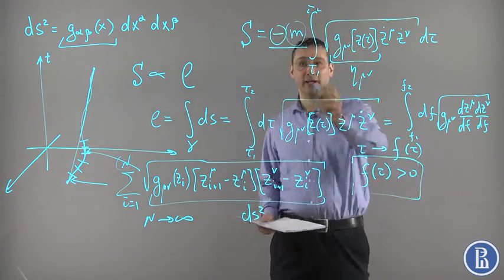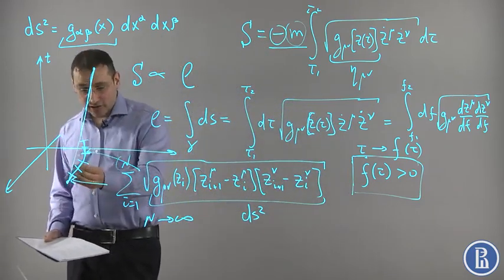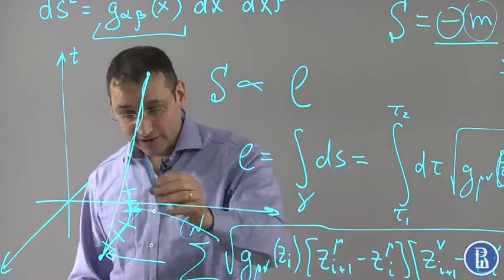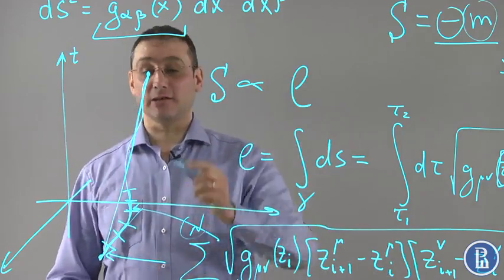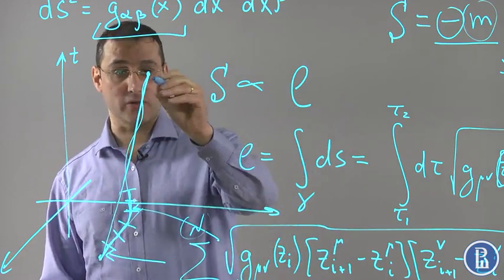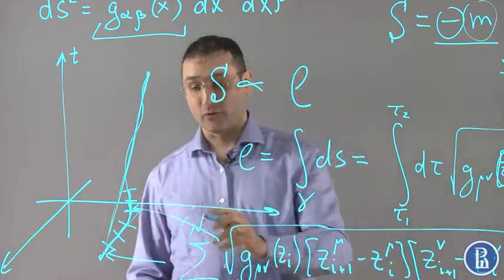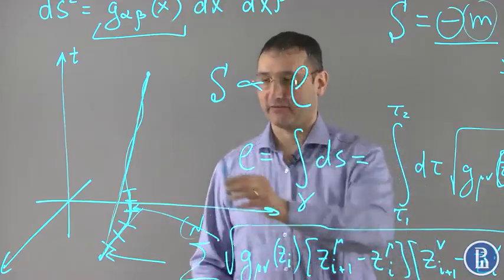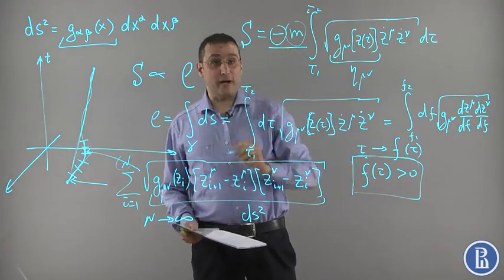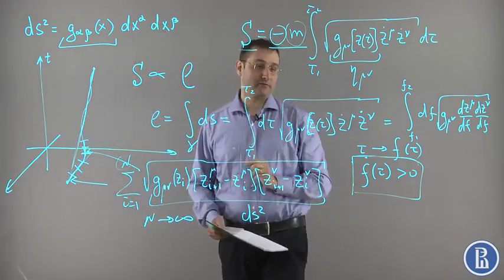In Minkowskian metric, the minus sign is necessary because among all lines whose tangents have an angle less than 45 degrees with respect to the vertical line, the straight one has the longest length. Unlike Euclidean geometry, in Minkowskian geometry the straight lines have the longest lengths among those which have an angle less than 45 degrees with respect to the vertical line. That explains why we have the minus sign, because for the longest line, we want to have least action.